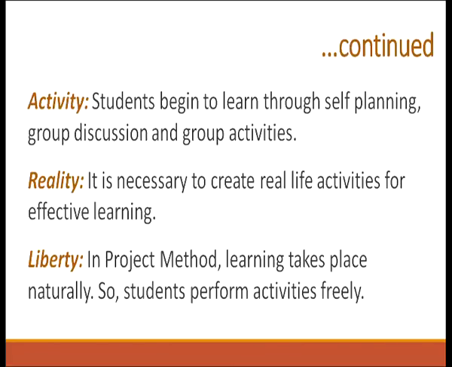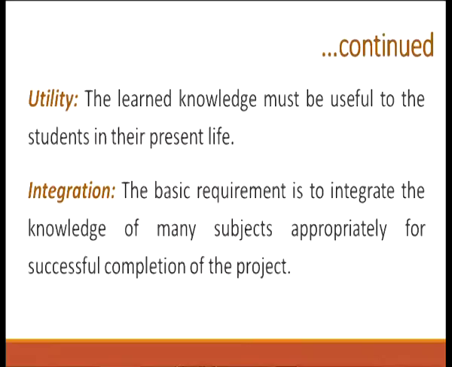It is necessary to create real life activities for effective learning. Liberty. In the project method, learning takes place naturally, so students perform activities freely. Utility. The learned knowledge must be useful to the students in their present life. Integration. The basic requirement is to integrate the knowledge of many subjects appropriately for successful completion of the project.